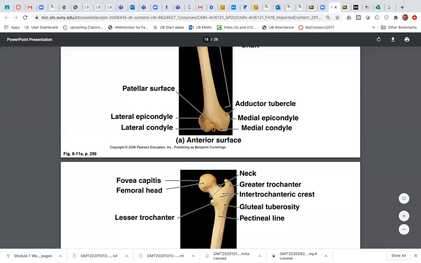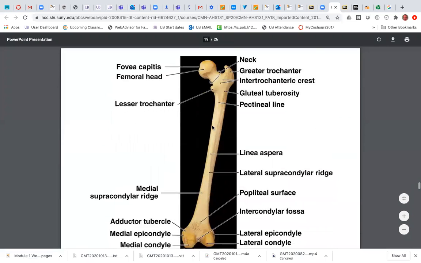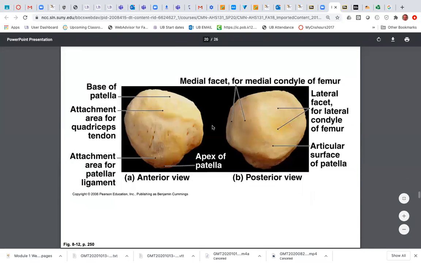And when the surface starts to degenerate or break down, that's called degenerative joint disease or osteoarthritis. It's very, very uncomfortable for people. There's a specific name for knee degeneration, especially when it's under the patella, and it's called Chondromalacia Patella.